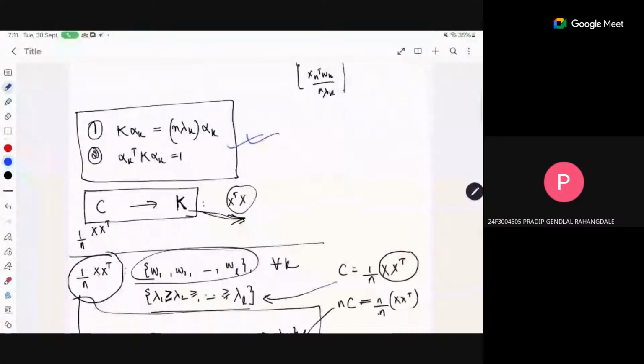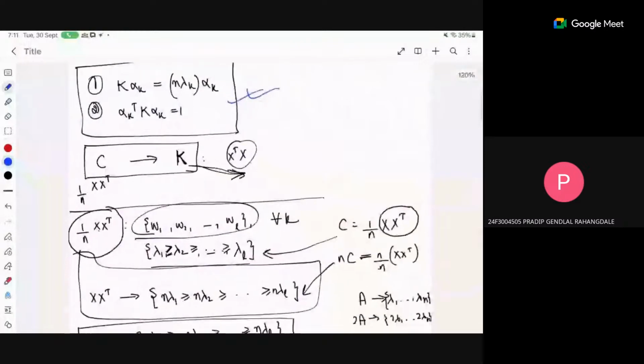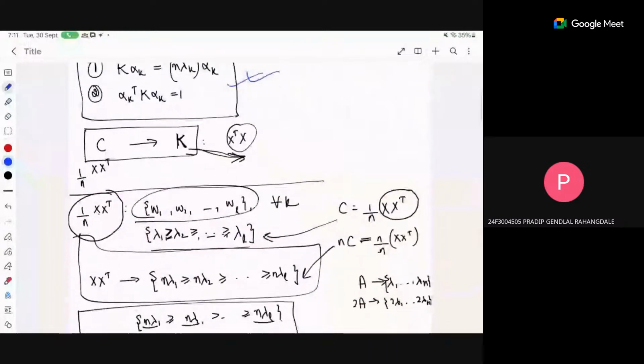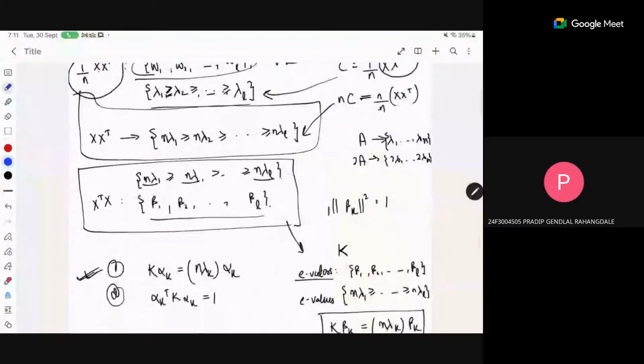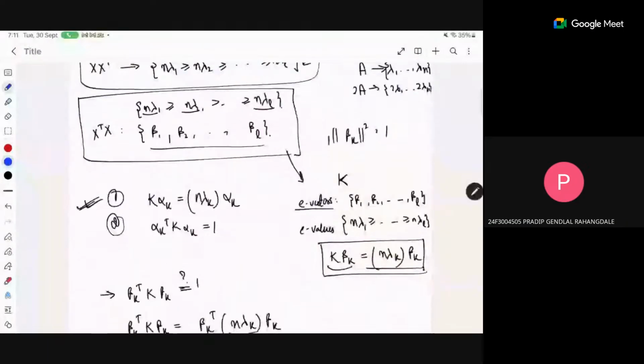Instead of finding the eigenvalue and eigenvector for C, we will do it for K, and my K is X transpose X. Let's take its eigenvectors to be beta 1, beta 2, and so on till beta L, and the eigenvalues will remain the same.